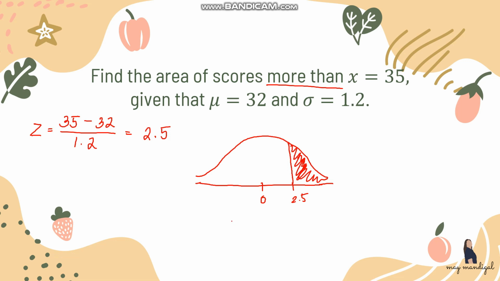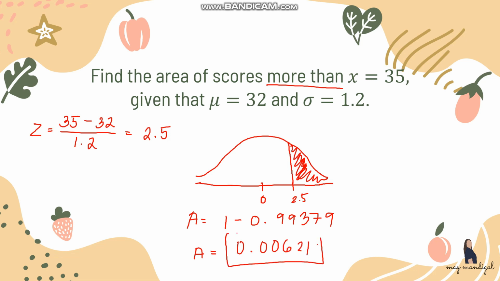So the area to the left of 2.5 is 0.99379. And then you subtract it again from 1. So you will get the area of the z-score, which is 0.00621. So there. So this is now the area of the scores more than our z-score, which is 2.5.